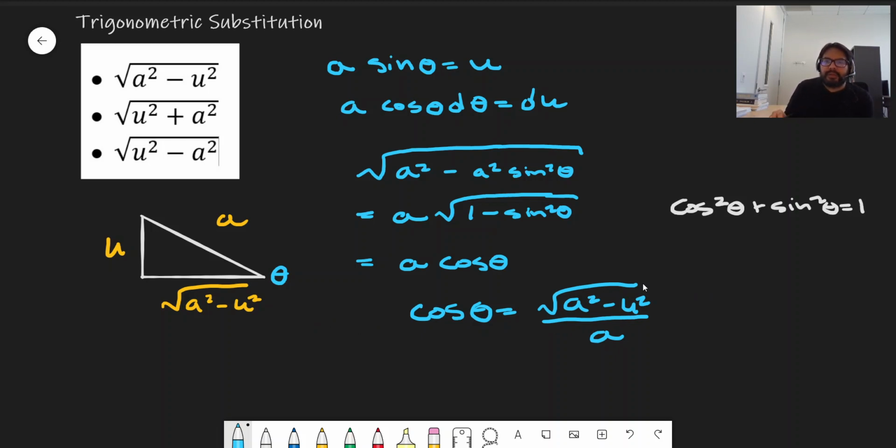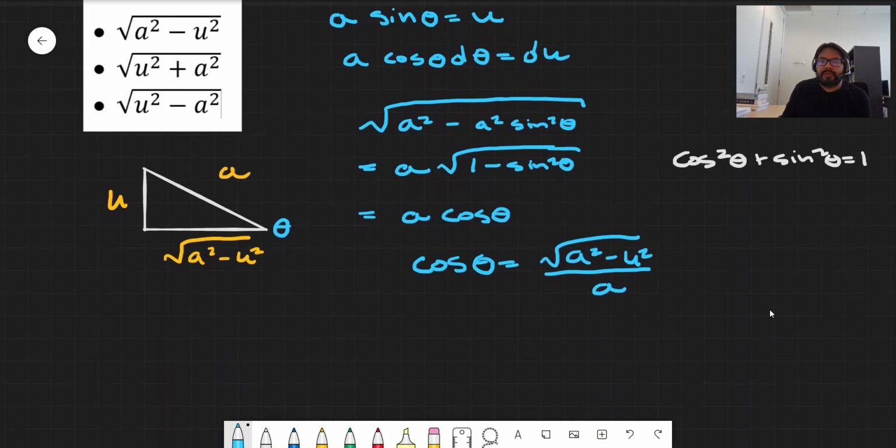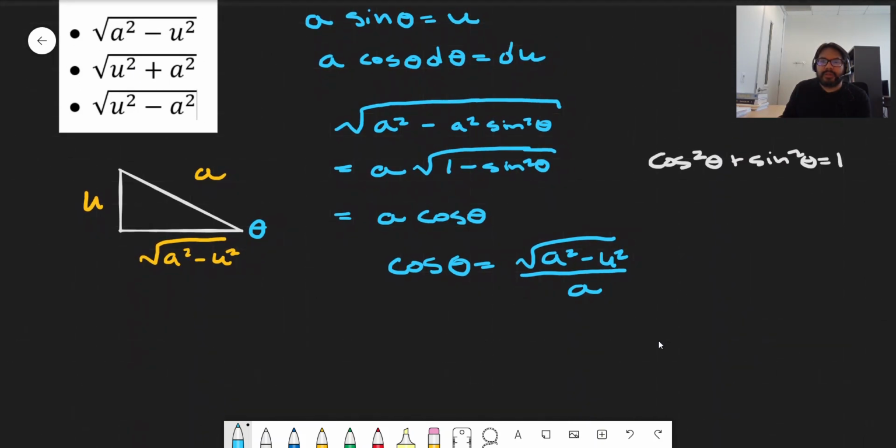Now, if you have the third case, that tells you that you have to use tangent. So if we were going to use the third case, and I'll just write it down over here, the third case says that, not third case, but the second case, sorry. The second case says that you have a tangent of theta is equal to u.